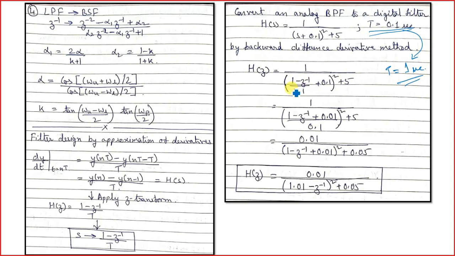Now it is very simple. This S is being changed with 1 minus Z inverse divided by T. So 1 minus Z inverse divided by 0.1, plus 0.1 whole square, plus 5. Then you solve these equations and you get to the equation. You need to further solve this equation.